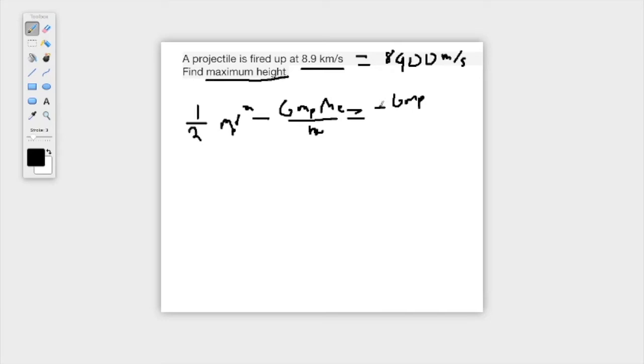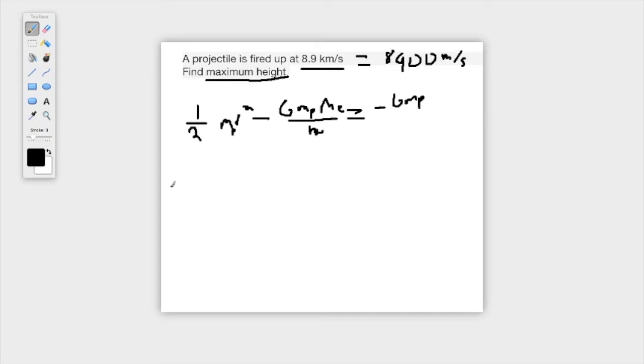So it wouldn't be like the distance between the two centers. No, it's just the difference between the ground and how high it goes.